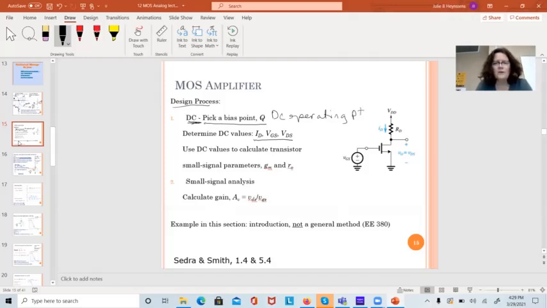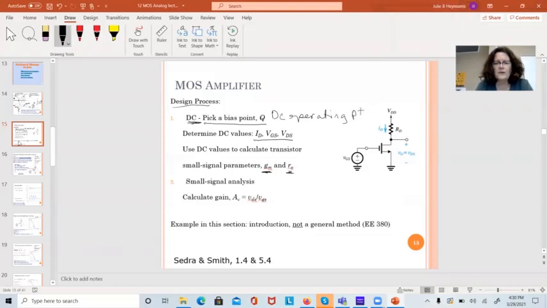Okay. So the Q point is the DC operating point, and the three that really matter are those three right there. We can use the DC values of ID, VGS, and VDS to calculate some small signal parameters. And this is little gm and little RO. And these are what are going to determine the gain of the transistor.